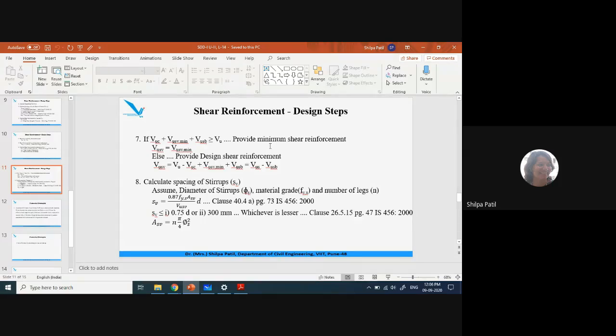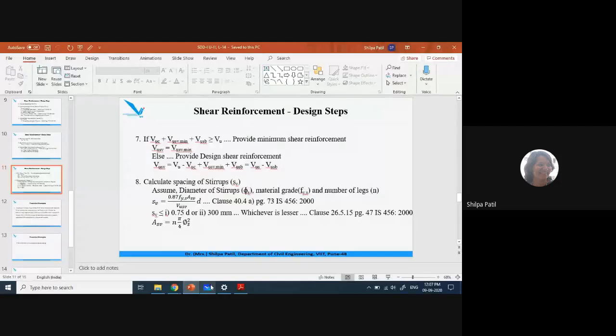We have to provide only the minimum shear reinforcement, which we have already calculated here, that is VUSV minimum. So for this shear force, we have to provide the reinforcement. If it is coming less than VU, it means the shear resistance provided by concrete, minimum reinforcement and bent up bars is not sufficient to resist the total shear force acting on a beam. In that case, we need to provide the design shear reinforcement.